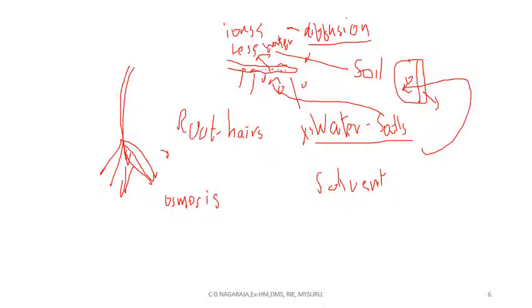Once the water enters into the root, there are a number of root cells. Imagine they are all the cells. Each cell will be loaded with, or charged with, water. Water moves to all the places, and that will create a kind of pressure, and that pressure is called osmotic pressure.